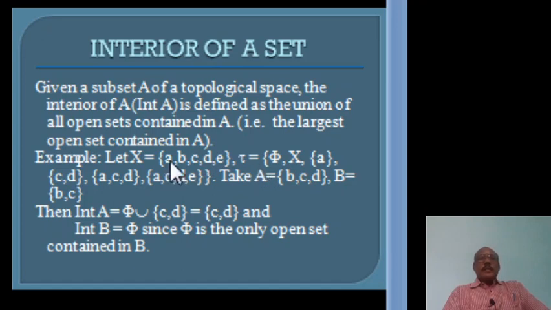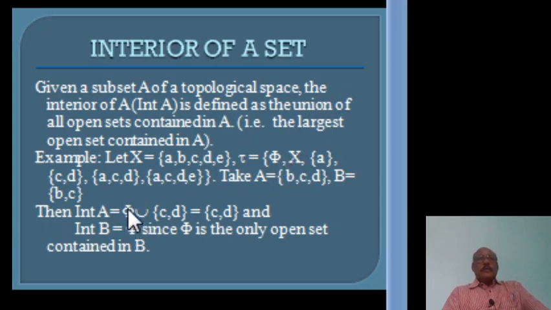For example, consider this topological space (X, tau). In this topological space, let A equal {B, C, D} and B equal {B, C}. Let us find the interior of A. To find interior of A, we collect open sets which are contained in A. The first open set contained in A is the empty set.